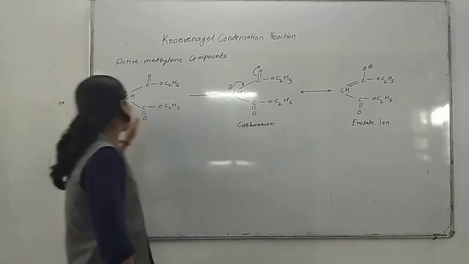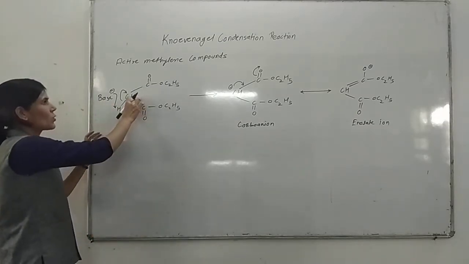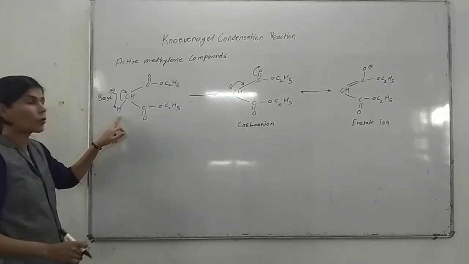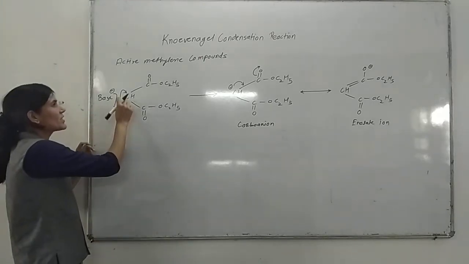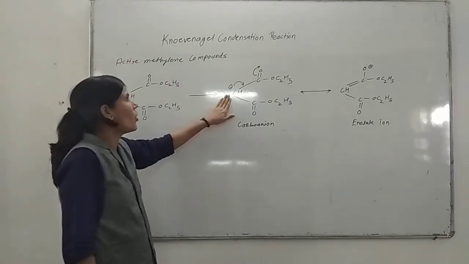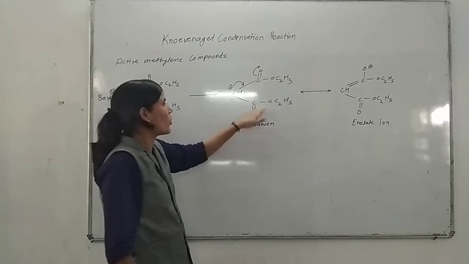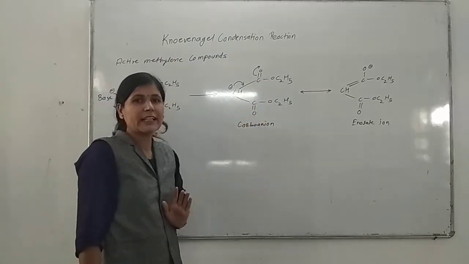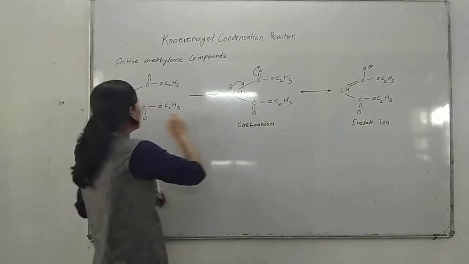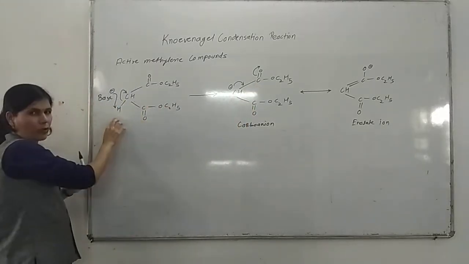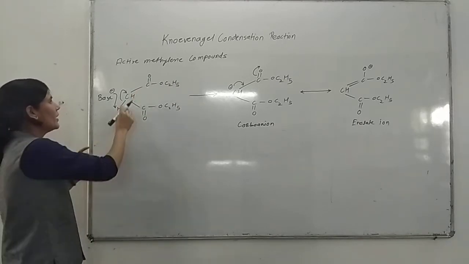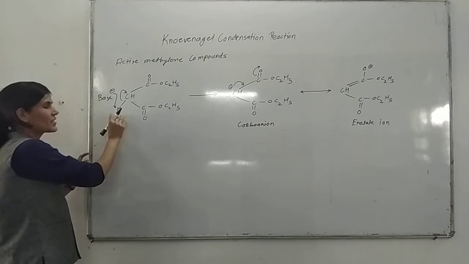And why is this CH2 group called an active methylene group? Because when a base attracts this proton, it results in the formation of a carbanion, and this carbanion is stabilized by the electron withdrawing carbonyl group. It means that the carbonyl groups help in releasing the acidic proton.